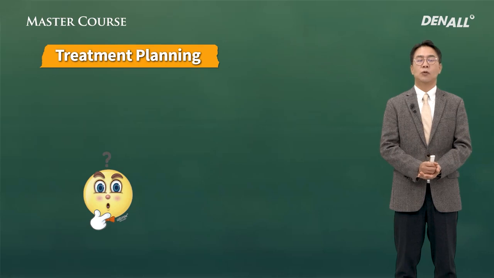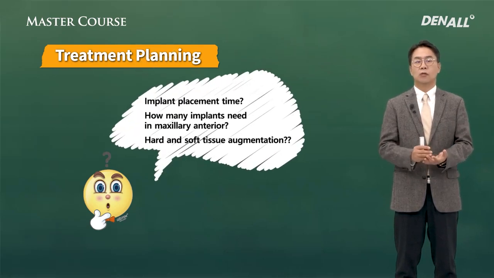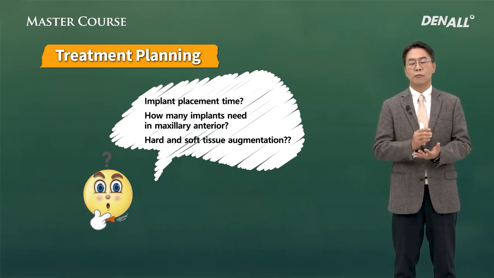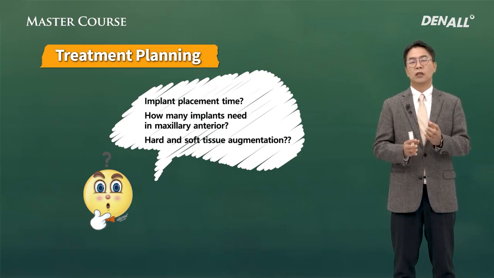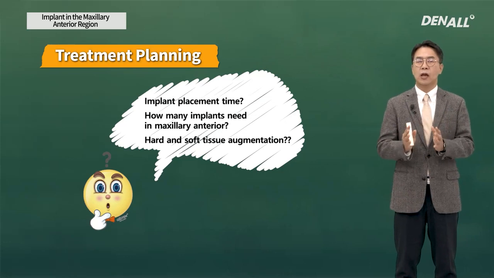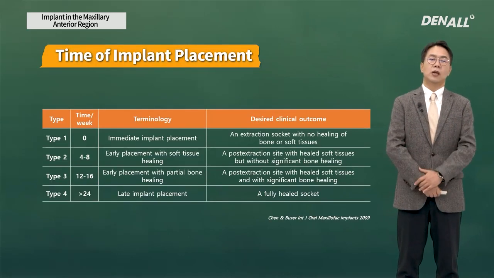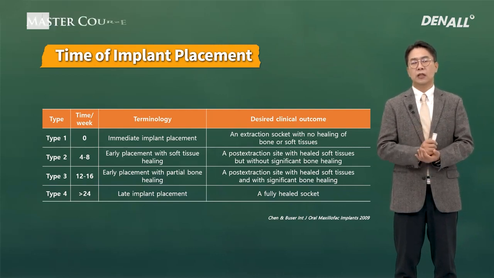In general, when we establish implant planning, we need to decide the placement time, how many implants are needed, whether hard or soft tissue augmentation is necessary. That should be in the treatment plan. When we set up the treatment plan, we need to think about the time of treatment.